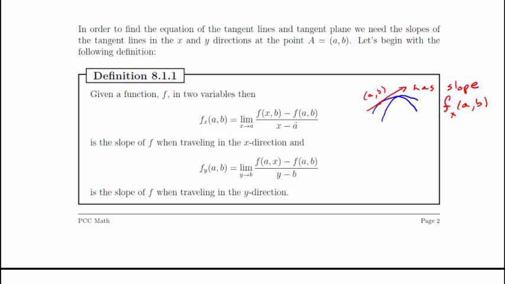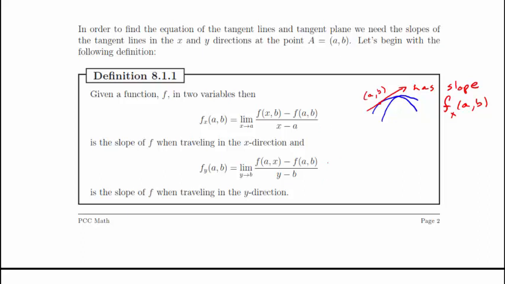This is all over x minus a. So b is held constant here, so there's no change in y. But the x is able to approach a from both sides, and this is our slope function. This is the change in our outputs, our change in our z values, over our change in our x values only. So this gives us our rate of change in just the x direction.